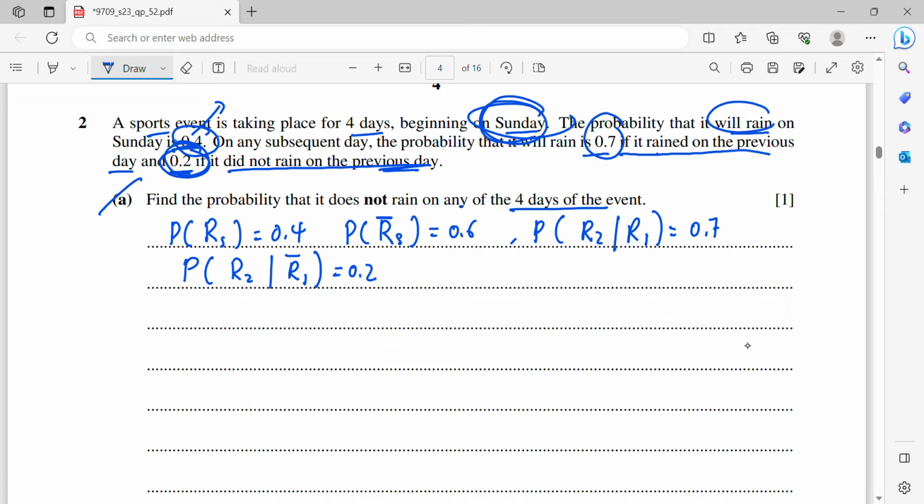Okay, so these are the properties that I have found. Now from here, I will say that if it rained on the previous day, I can just write here: if it rained on the previous day, it will not rain on the next day. It will be 0.3.